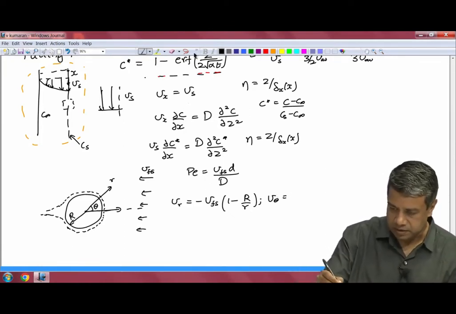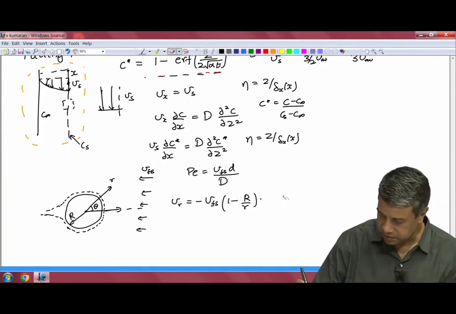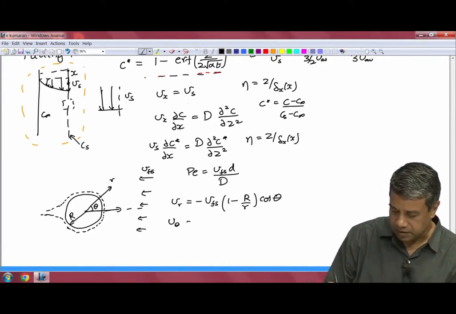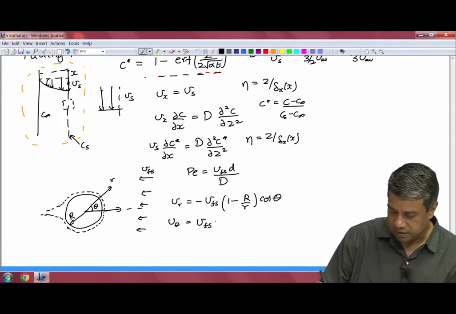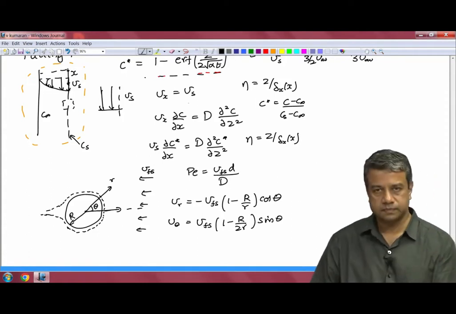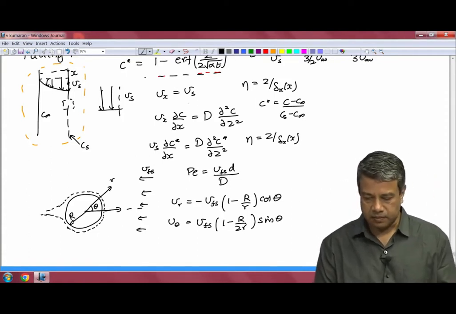I am sorry, there is a cos theta here which I missed. And V theta is equal to V f s into 1 minus R by 2r into sin theta. These are the velocity components.